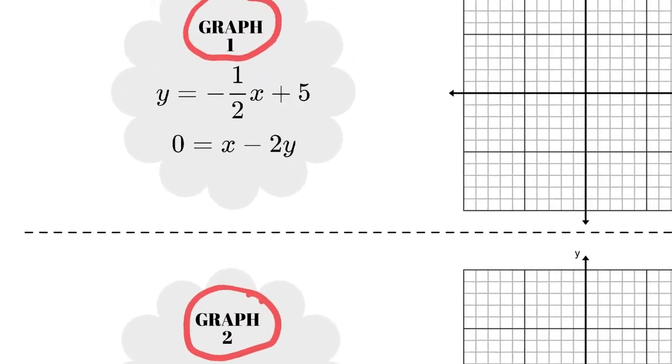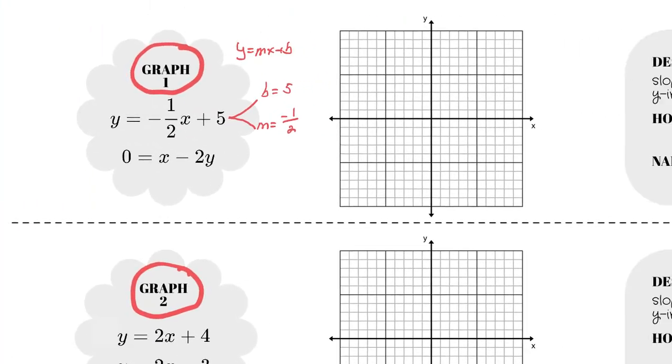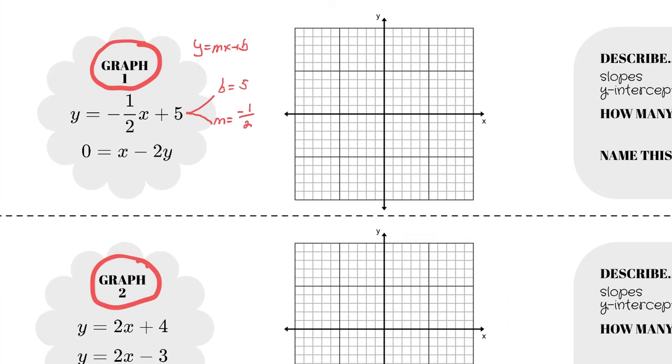So for me to graph a system of equations or any line, I like to use y equals mx plus b. In my first equation, b is 5, and m, or slope, is negative 1/2. Then I go over to my graph. There's 5.